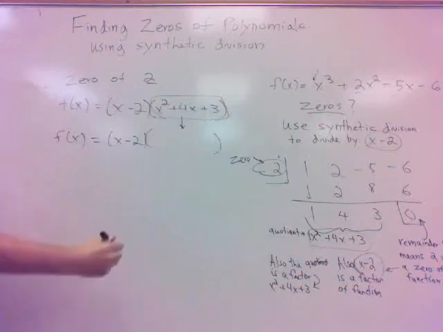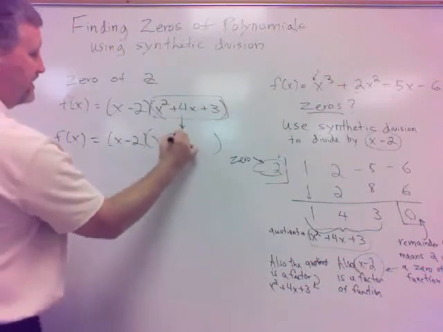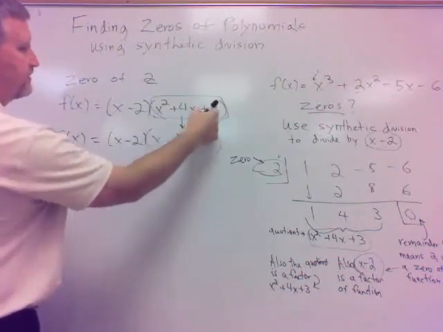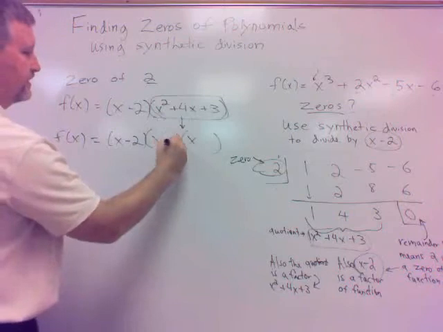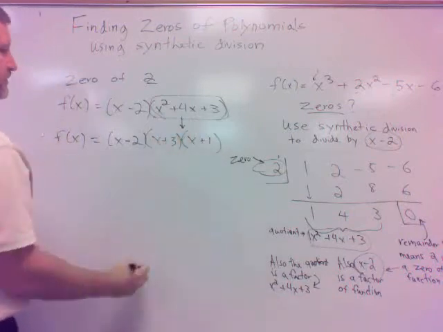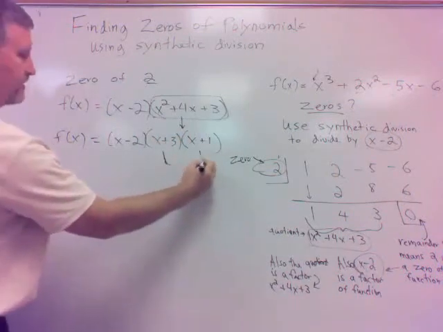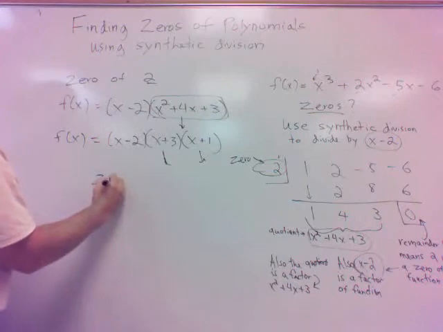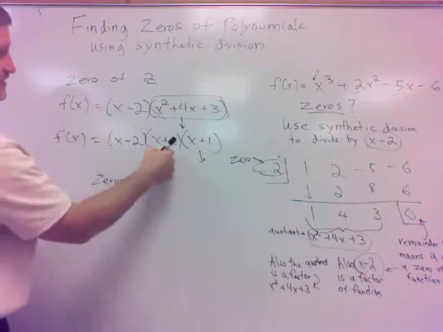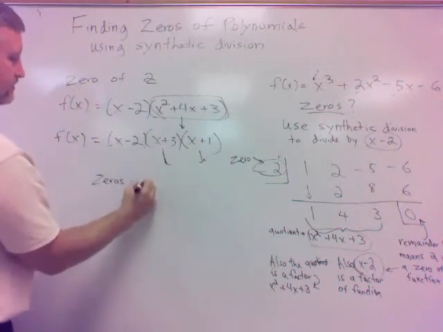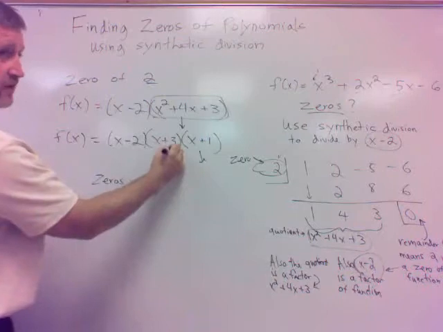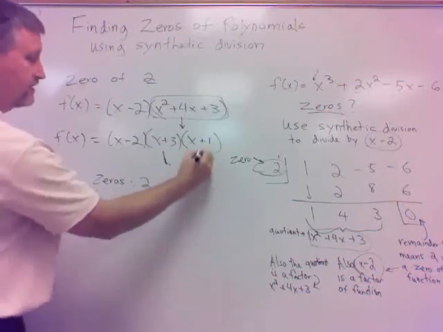How does that factor? Well, it's x and x. 3 with 4 in the middle, that's 3 and 1, isn't it? So what are my other zeros? Well, the zeros are going to be 2, then 0 of negative 3, and 0 of negative 1.